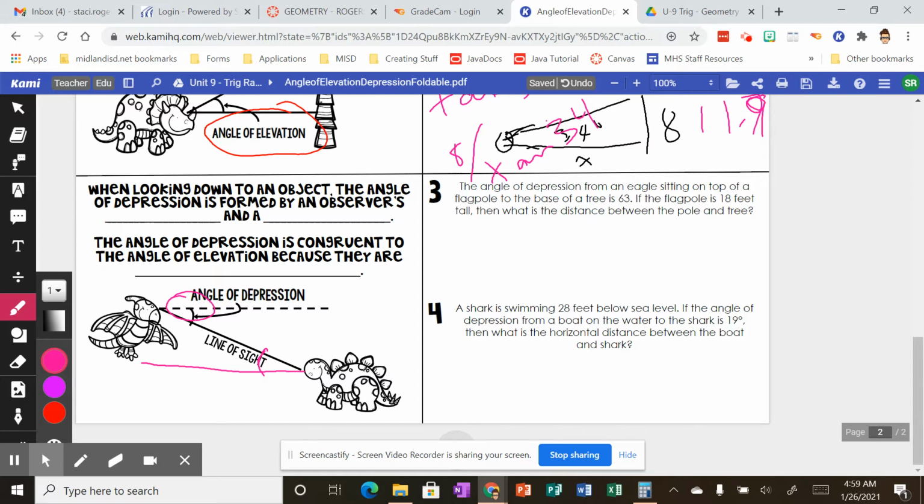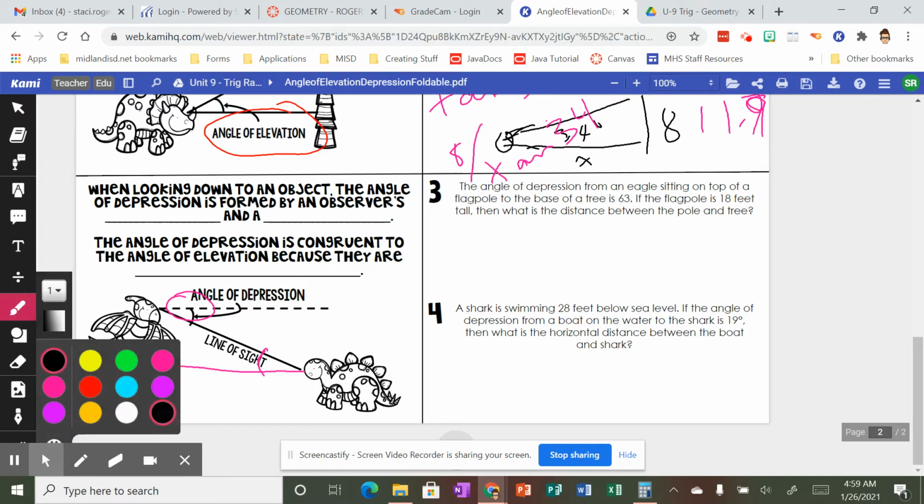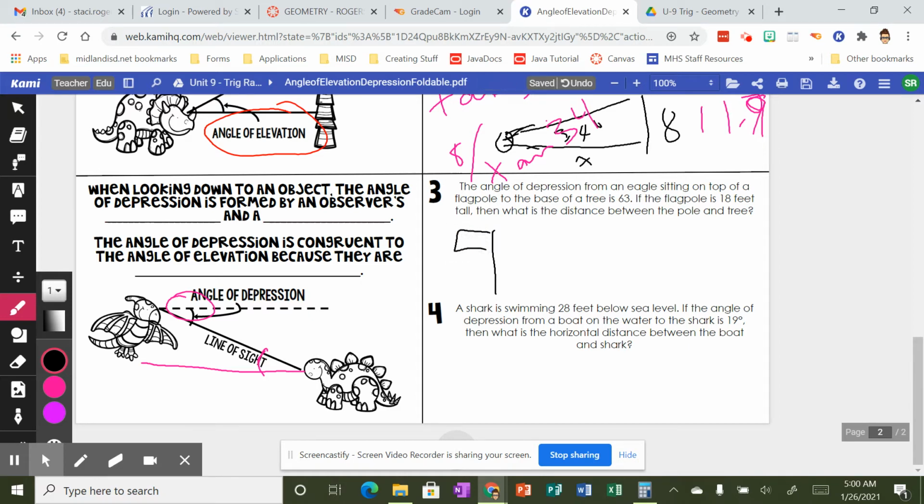So let's look at number 3. The angle of depression from an eagle sitting on top of a flagpole to the base of a tree is 63 degrees. If the flagpole is 18 feet tall, what is the distance between the pole and the tree? Okay, so let's draw a picture. So we have a flagpole, and we have a tree.